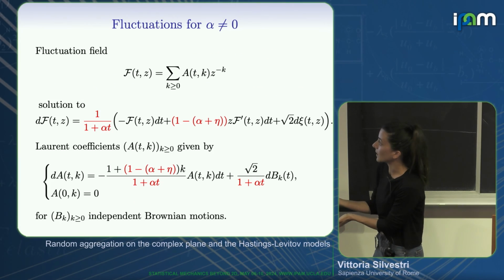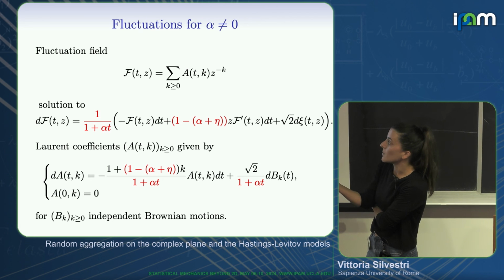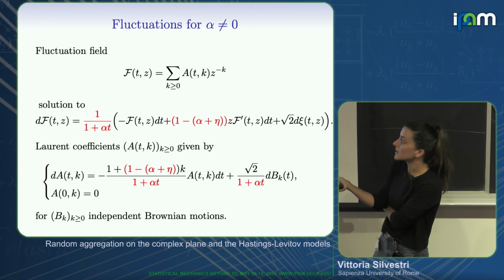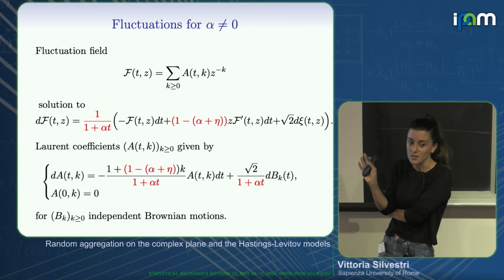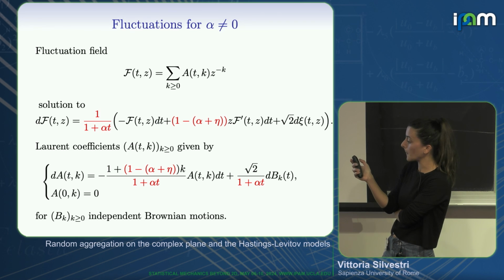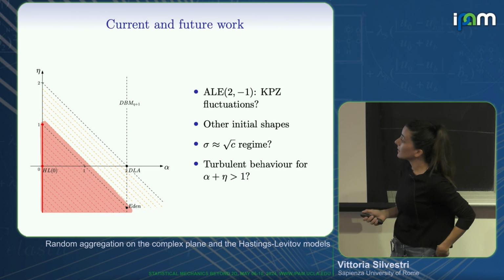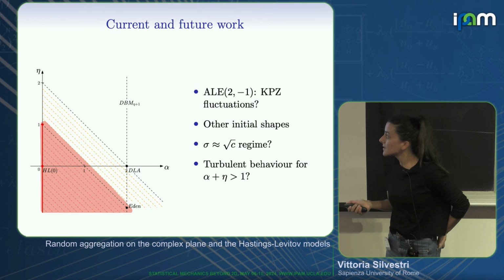And this is what the fluctuation looks like. You see the behavior just depends on the sum of the two parameters, but exactly the same, except there is a time change, which depends on alpha, which regulates the random particle sizes. And that's all I wanted to discuss. Just to tell you what happens next.